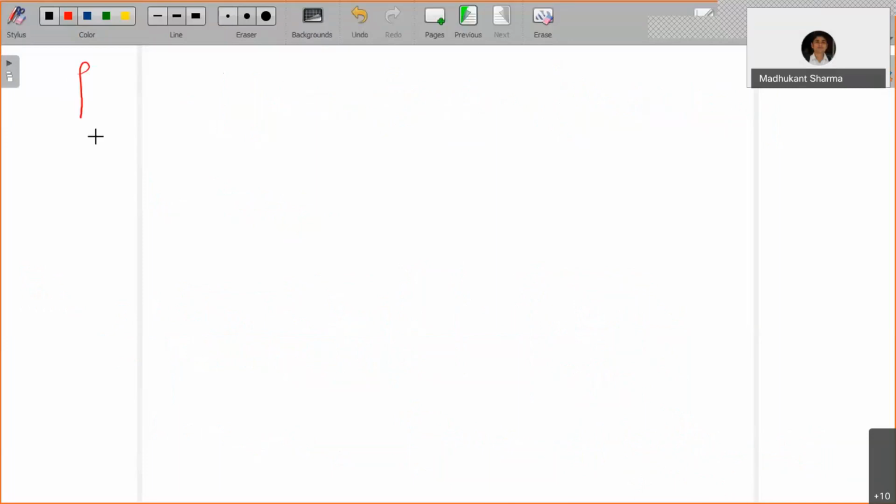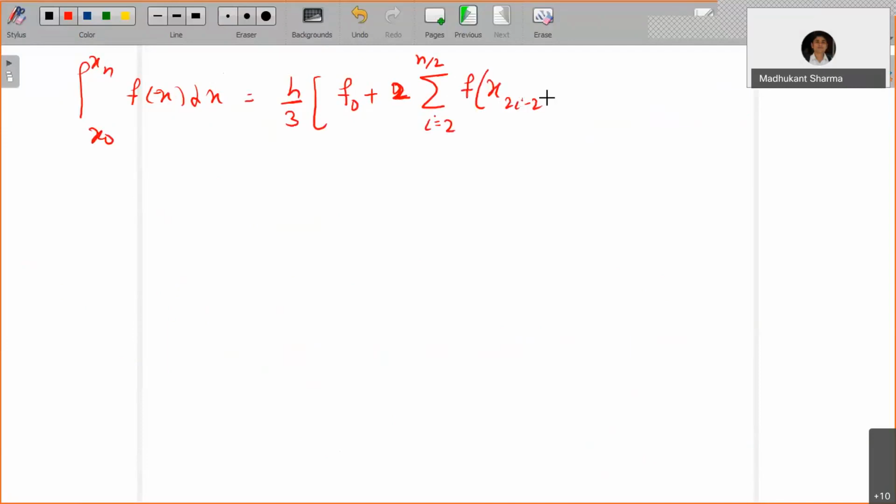So the integral from x0 to xn of f(x) dx equals h/3 times [f0 plus 2 times summation i equals 2 to n/2 f at x_{2i-2} plus 4 times summation i equals 1 to n/2 f at x_{2i-1} plus fn].